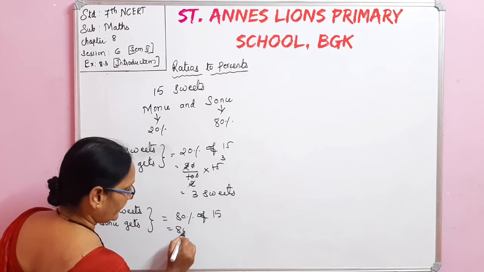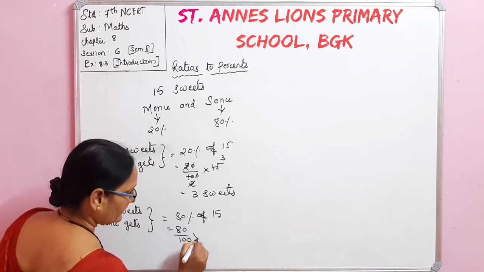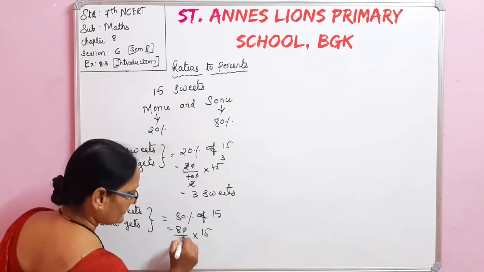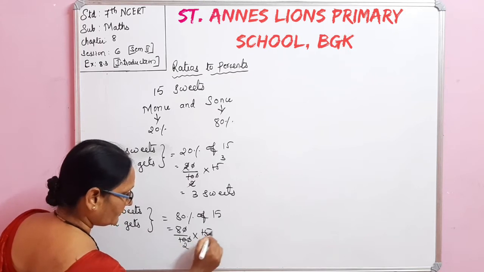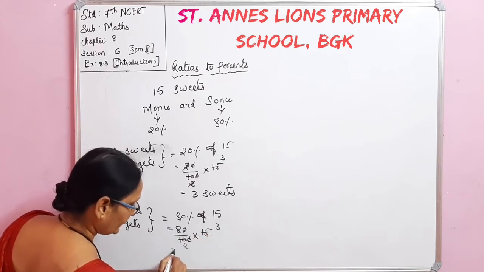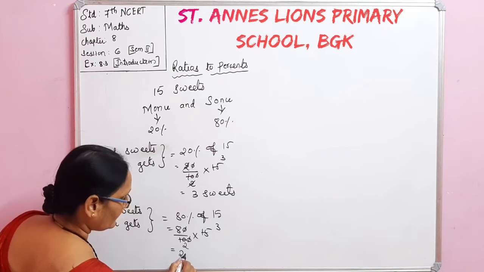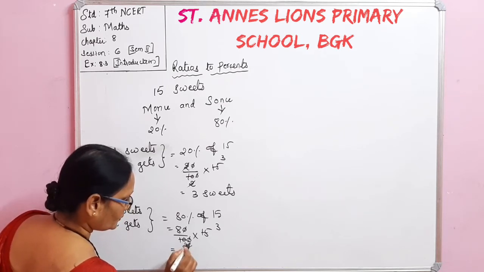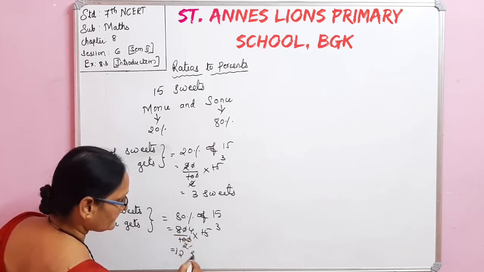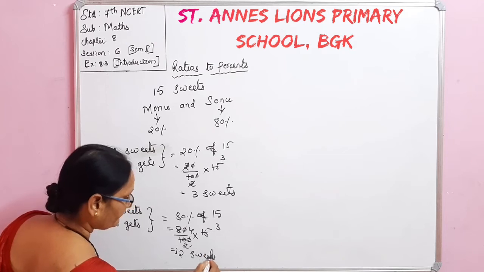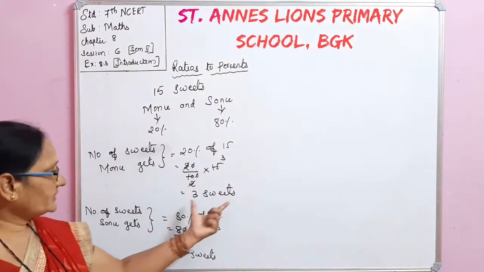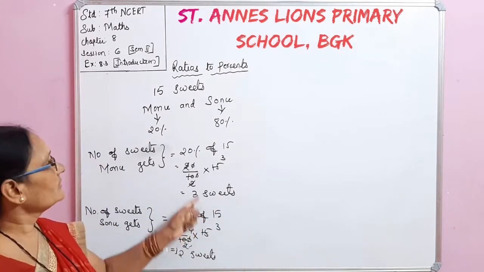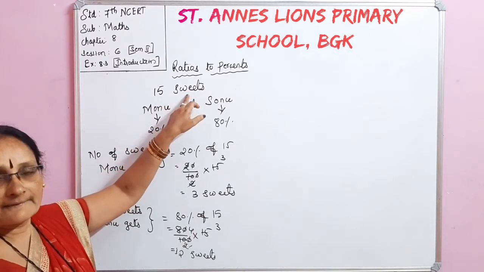That is 80 by 100 into 15. 5 2s are 10, 5 3s are 15, 8 3s are 24, so 12 sweets. Monu got 3 sweets, and 12 plus 3 makes a total of 15 sweets.